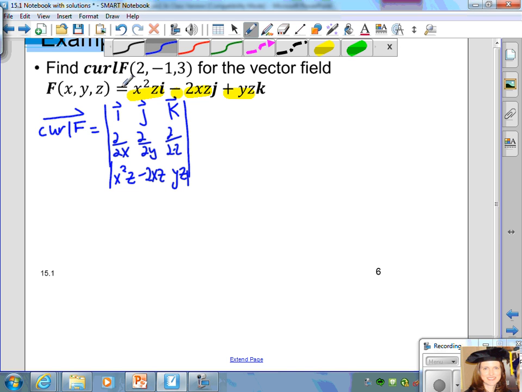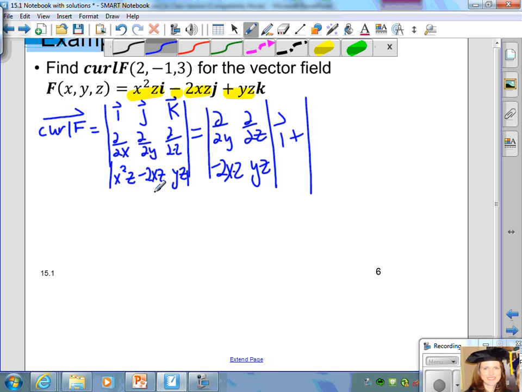If you cover up that i column, then you find the determinant of this smaller matrix, which is equal to the partial with respect to y, the partial with respect to z of -2xz and yz, that's your i, plus, and then cover up that j column, and you've got the partial with respect to x of x squared z, partial with respect to z of yz.